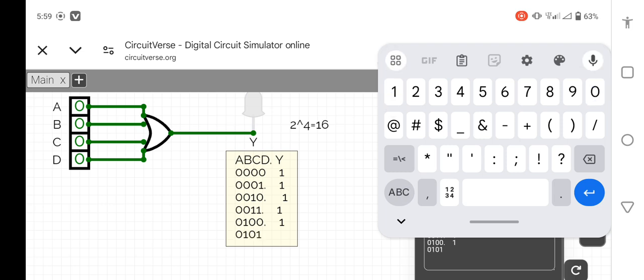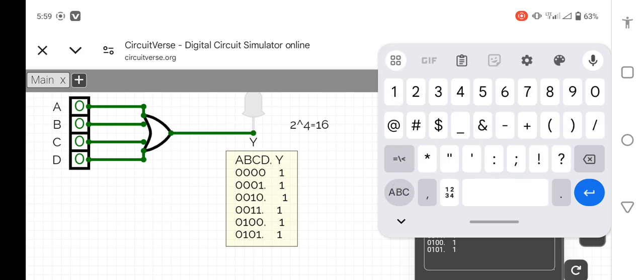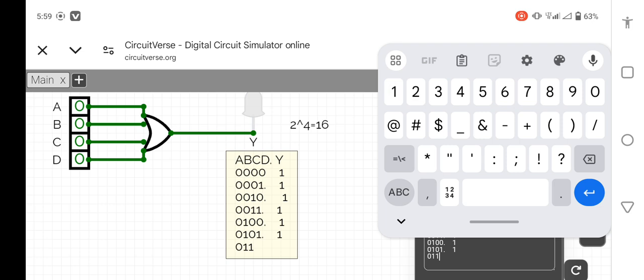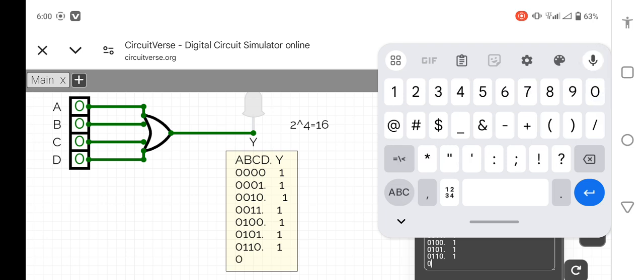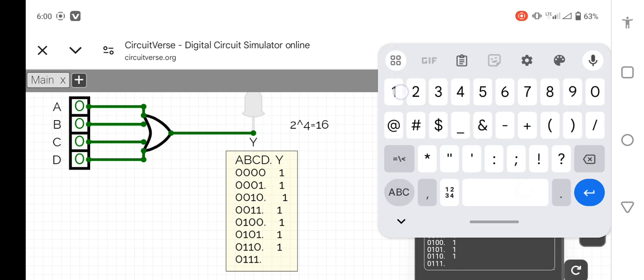So the output is 1. Seventh input we have 0110. The output is 1. Next we have 0111. So the output is 1.